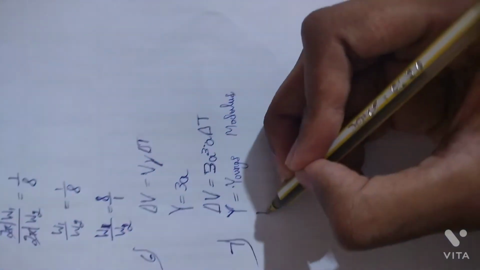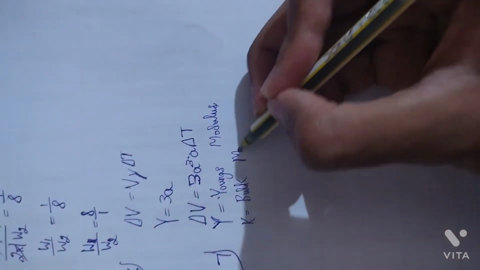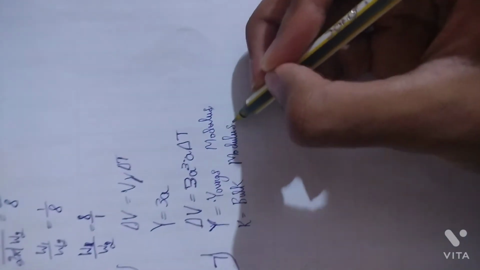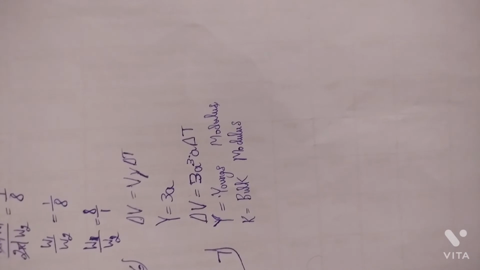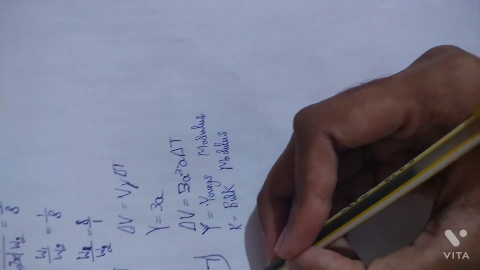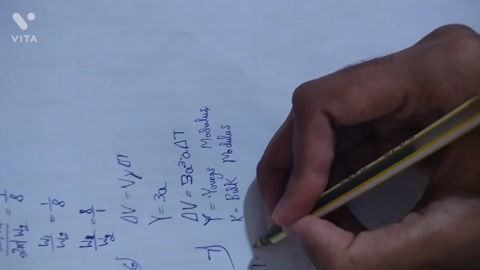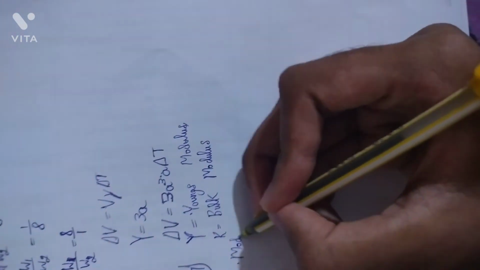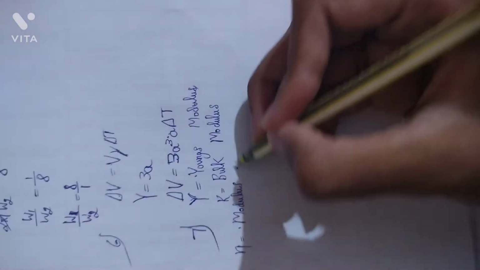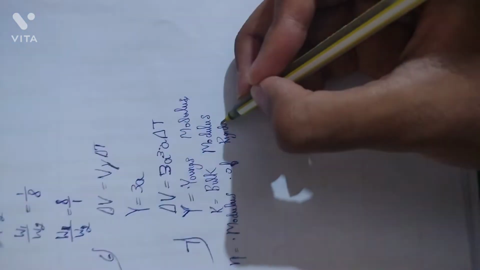Then k is the bulk modulus, and n is the modulus of rigidity of any material.